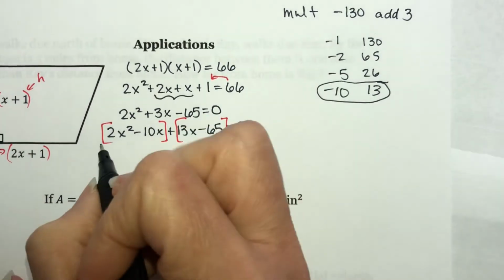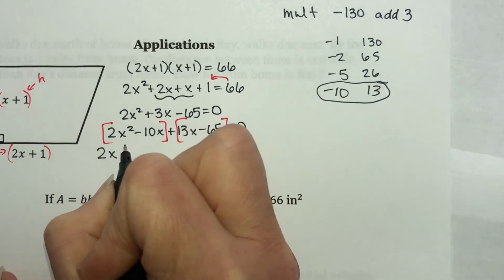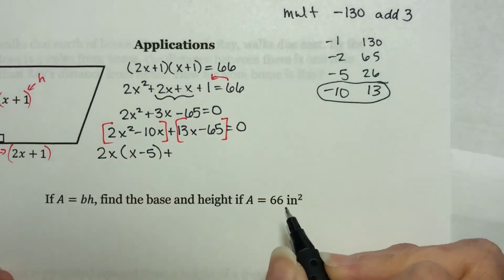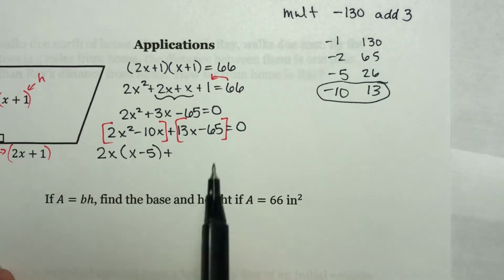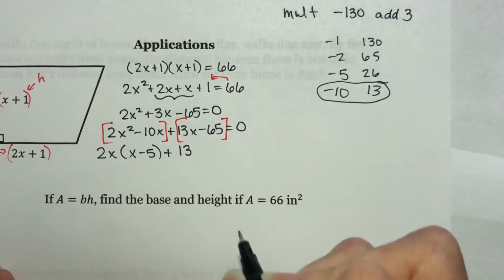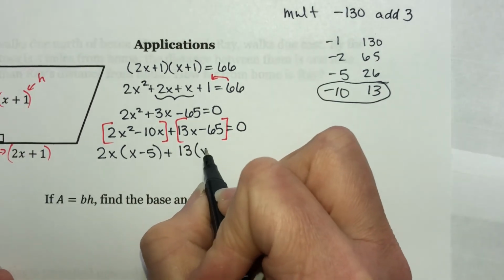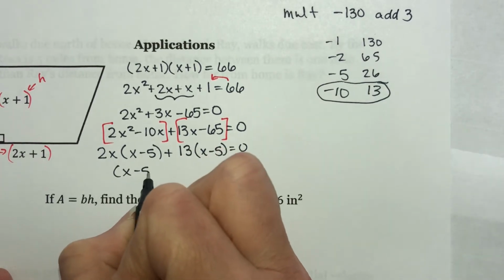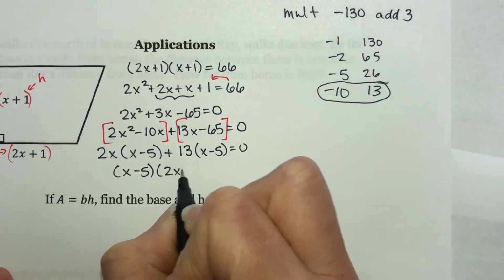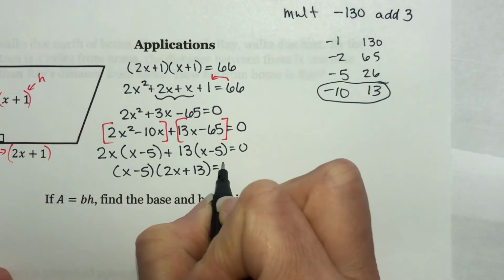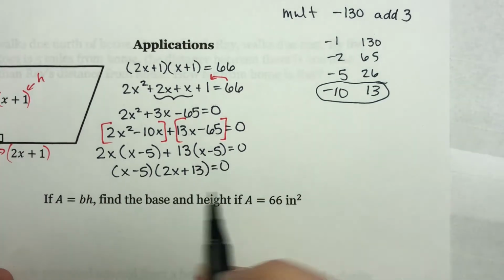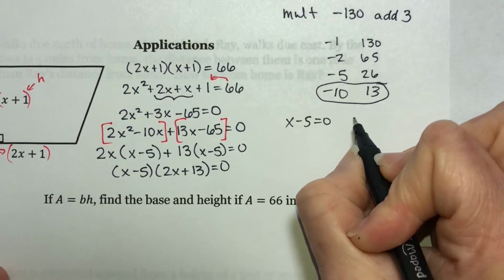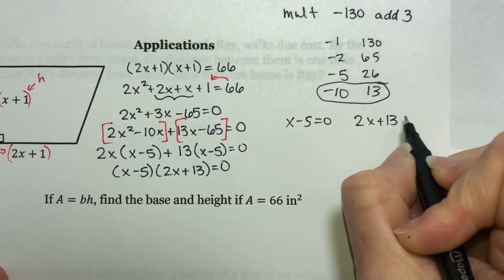From my first group, I can factor out a 2 and an x, leaving x minus 5, plus here I can factor out a 13, and that gives me x minus 5 equals 0. Therefore, I have x minus 5 times 2x plus 13 is equal to 0. Now set each of these equal to 0. x minus 5 equals 0, or 2x plus 13 equals 0.